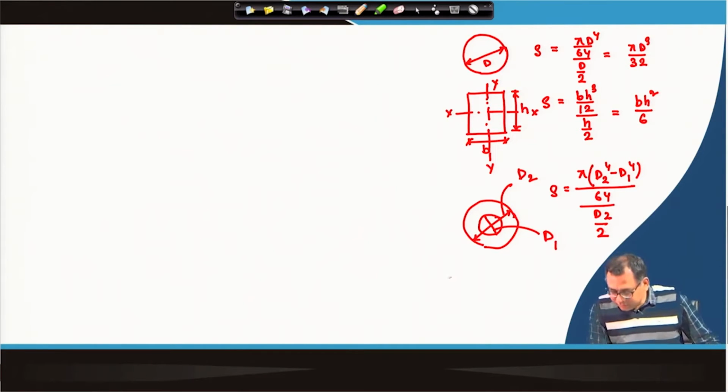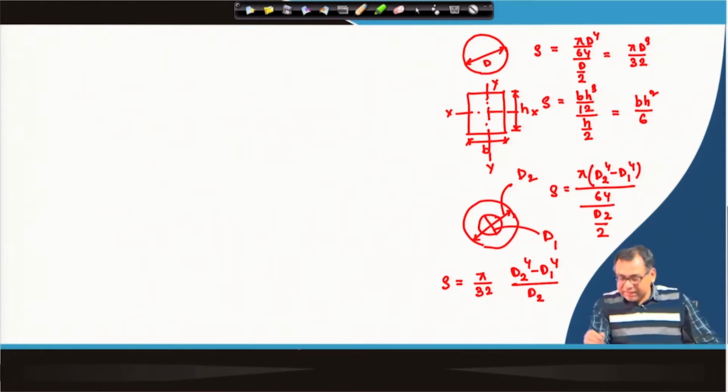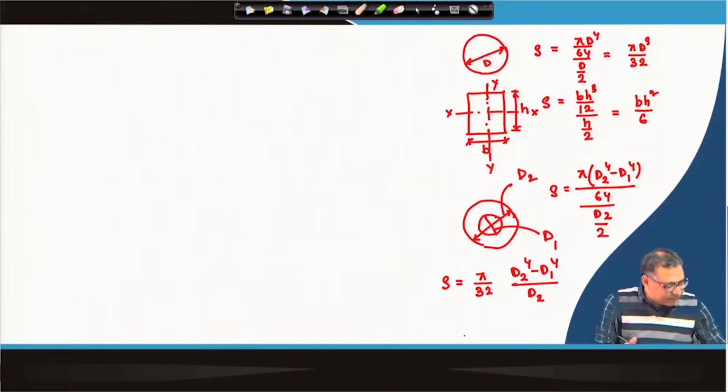So, for this case S will be pi by 32 times d2 to the power 4 minus d1 to the power 4 divided by d2. These are the section moduli for different sections.